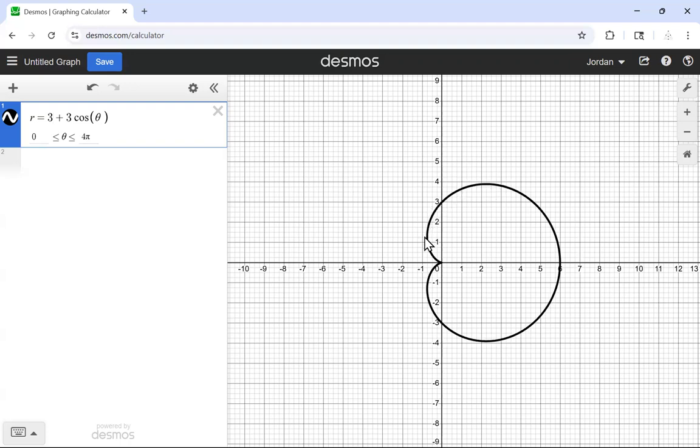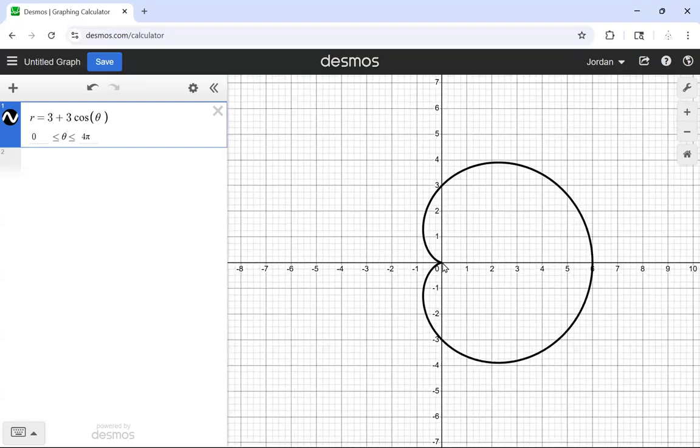Once we hit where the constant and the coefficient on cosine are the same, then our curve here goes around past the y-axis on the left, and then comes back and touches the origin or touches the pole, and then back out around.